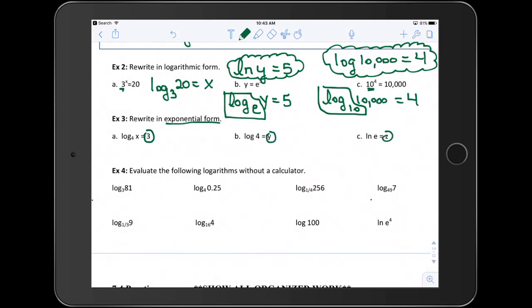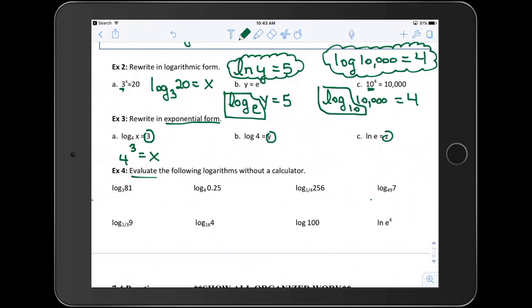And we know the base is whatever is in the subscript. So I have 4 to the third power equals x. If I want to get really fancy, this is saying rewrite, so we'd leave it like this. But if it actually said evaluate, like example 4 is going to do, that's when you would go 4 to the third power and actually write that out.